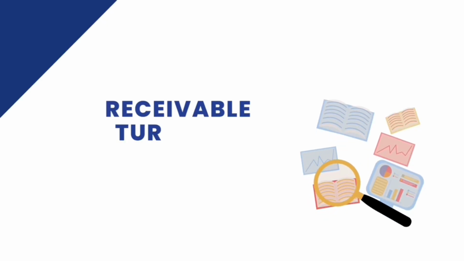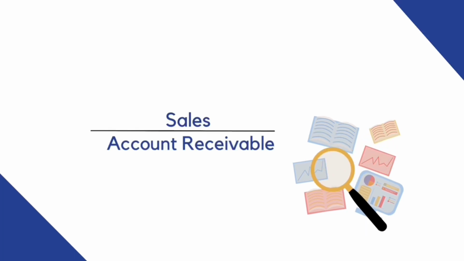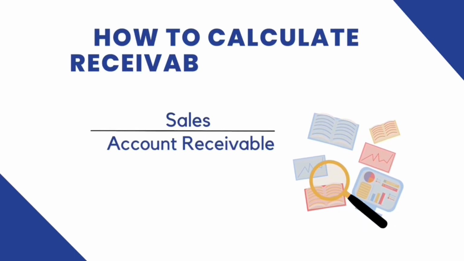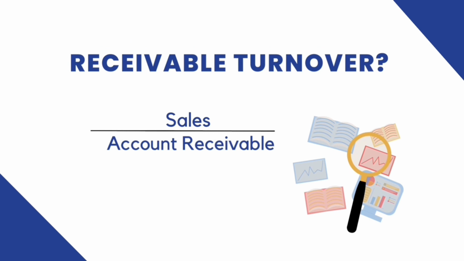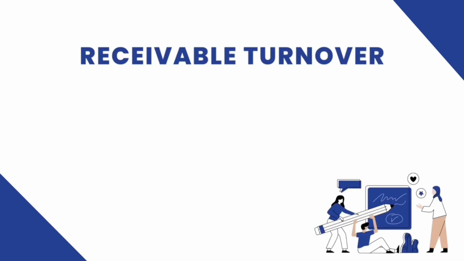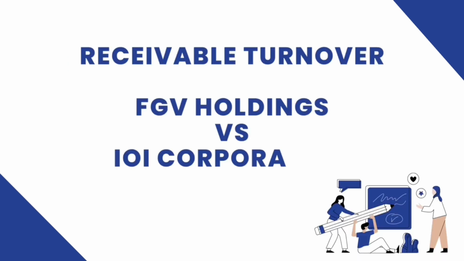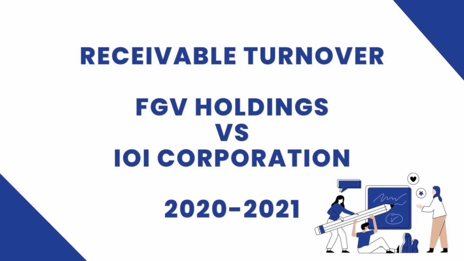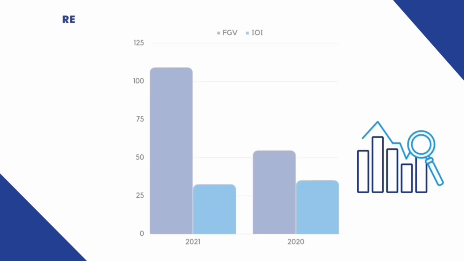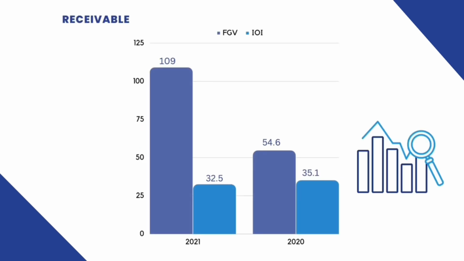And the last one is receivable turnover. How we calculate receivable turnover? We calculate by sale divided by account receivable. Let's see the receivable turnover between FGV Holding and IOI Corporation within year 2020 until 2021. The diagram shows in year 2020, FGV stayed at 54.6 and increased to 109 in the next year 2021.